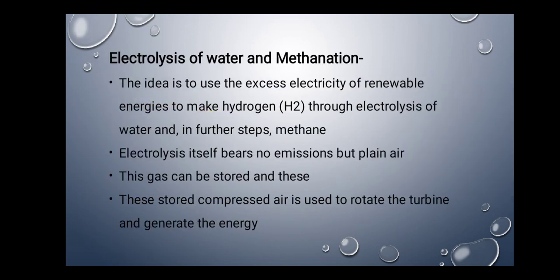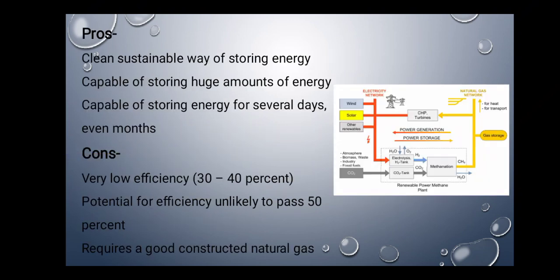Electrolysis and methanation. The idea is to use excess electricity from renewable energies to make hydrogen through electrolysis of water and, in further steps, methane. Electrolysis itself bears no emission but plain air. This gas can be stored, and the stored gas is used to rotate the turbine and generate energy.